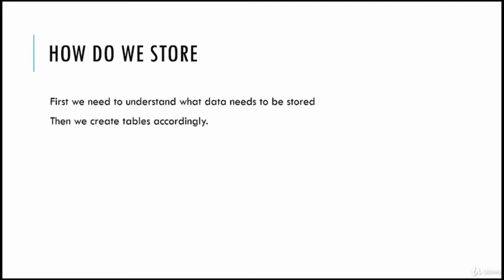Okay. So once we realize what our data is, we design some tables accordingly, because after all, we need some way to query it, right? So we need to have a perfectly designed table so that it's really easy for you to query it. And believe me, this is a very simple task. And then we issue some queries to it in order to retrieve our data. And that's it.